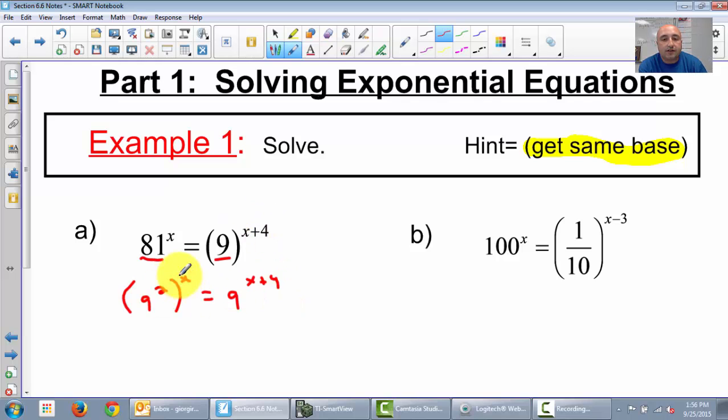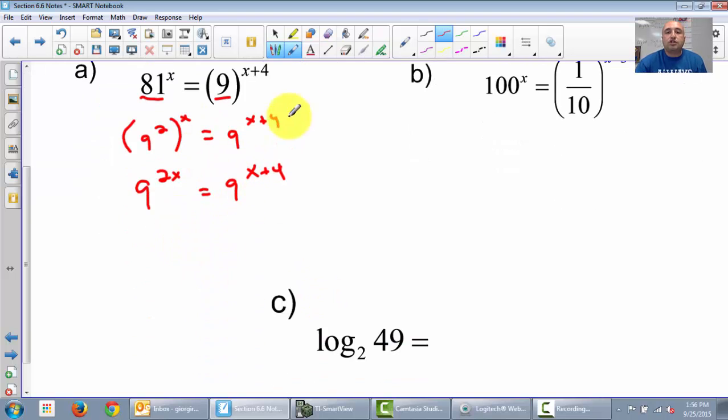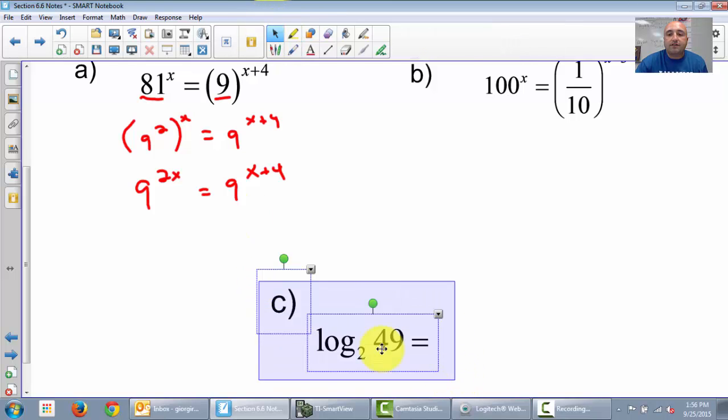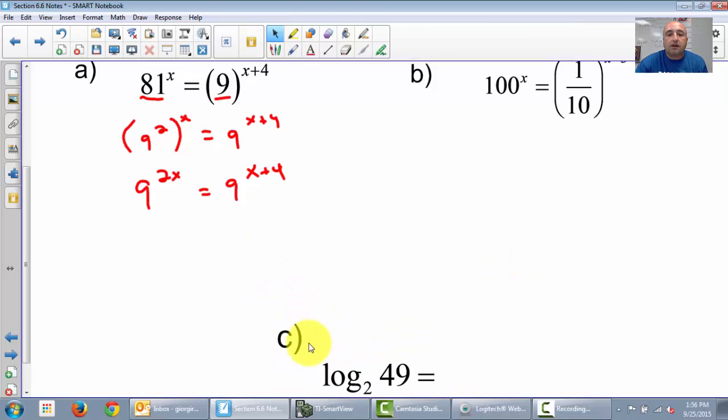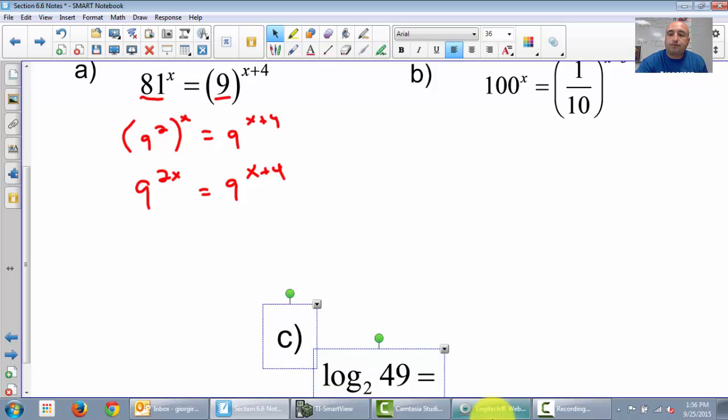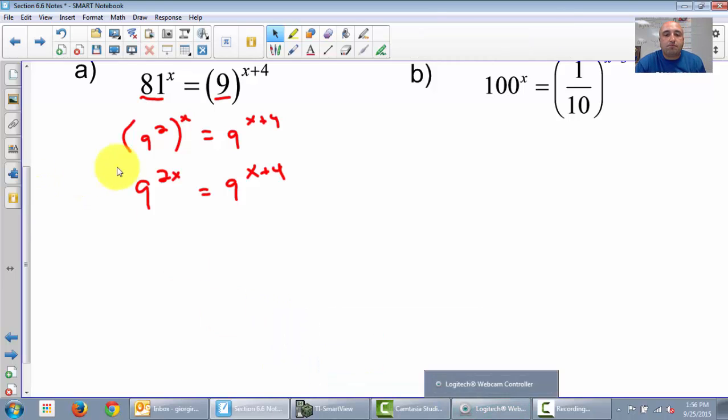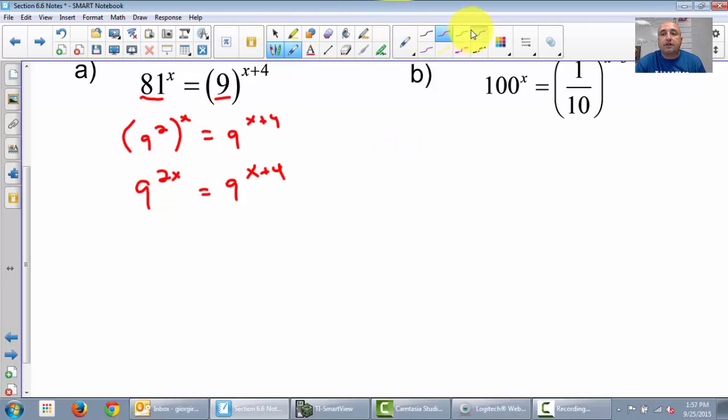Now I'm going to use my product of powers property. So I have 9 to the 2x equals 9 to the x plus 4, and now the problem is very easy. Once you have the same base, all you do is set the two exponents equal to each other and then solve. So my exponent on the left, 2x, equals x plus 4, because the base is already the same.